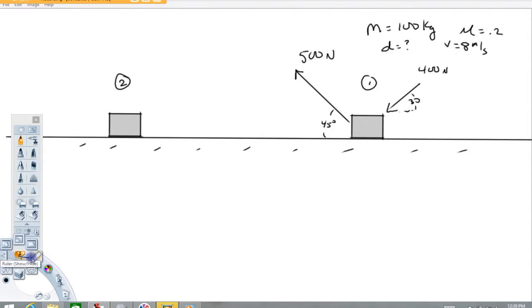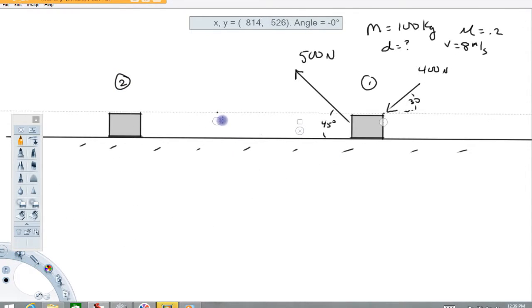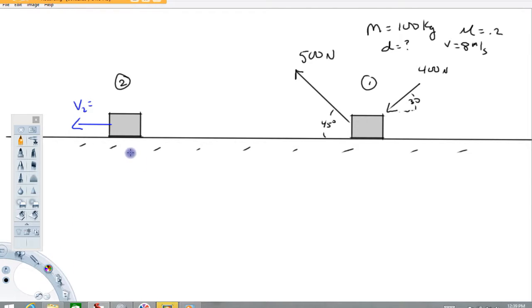And then this box in position 2 is moving to the left, so I'm going to put a velocity vector in here, in blue. And in this example, that v is going to be 8 meters per second. What we don't know in the picture is this distance here that the box has traveled.